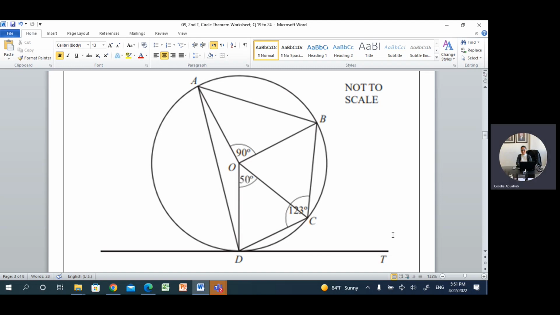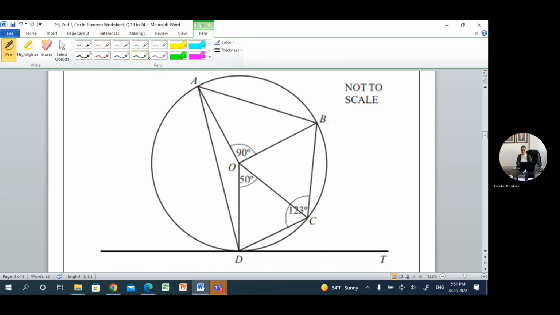So, for example, if I look at this diagram, I would be thinking of, okay, if you look at this triangle ODC, so this is the center of the circle. From O to D, it's a radius. From O to C, it's another radius.